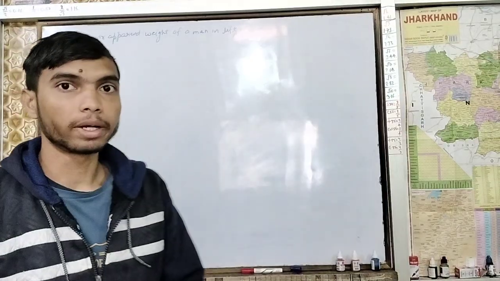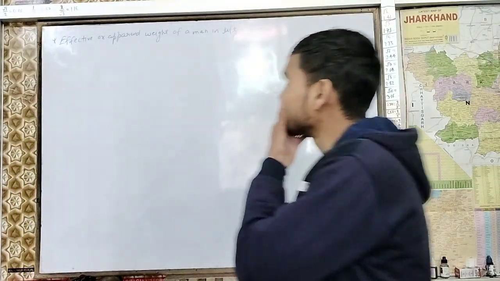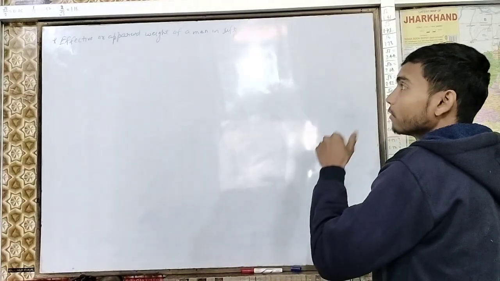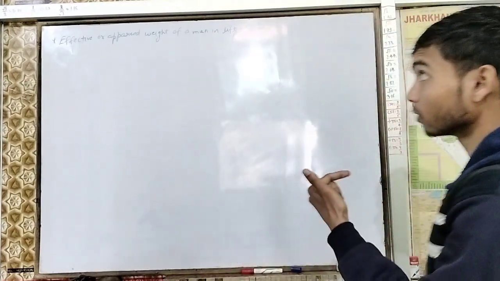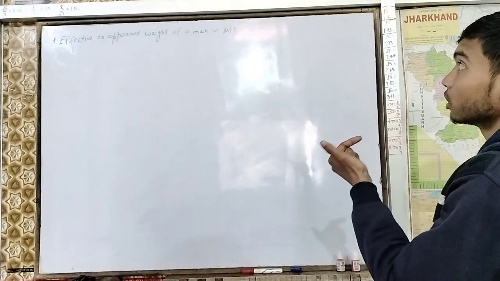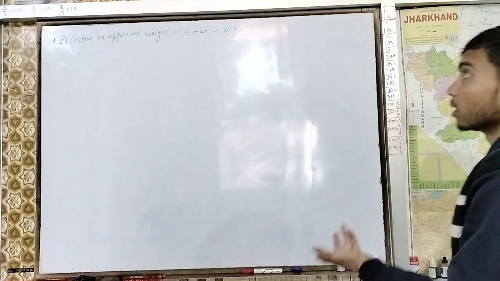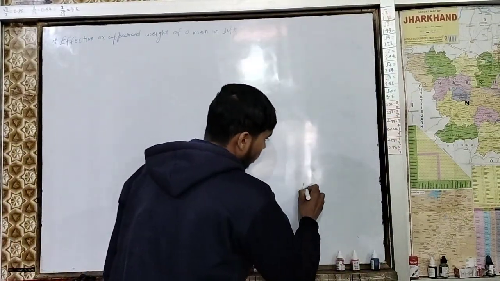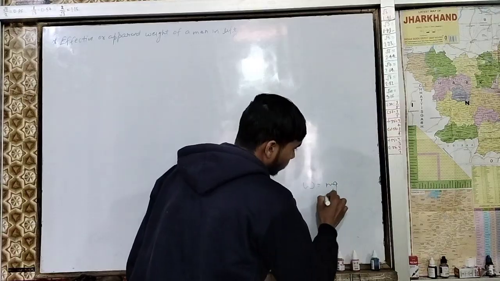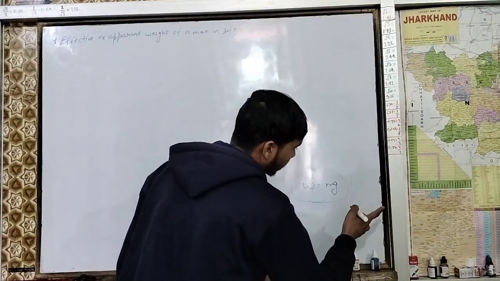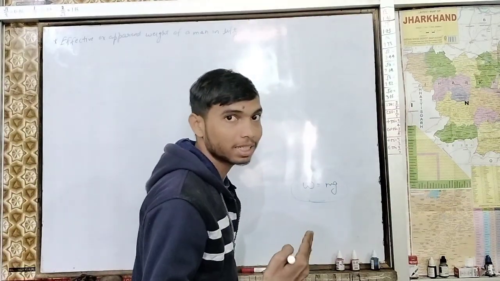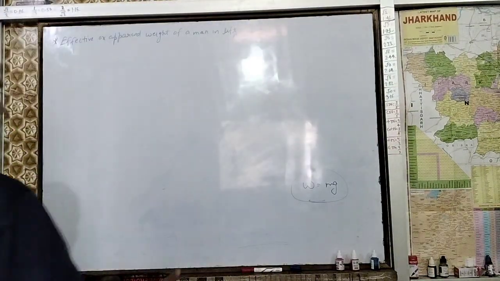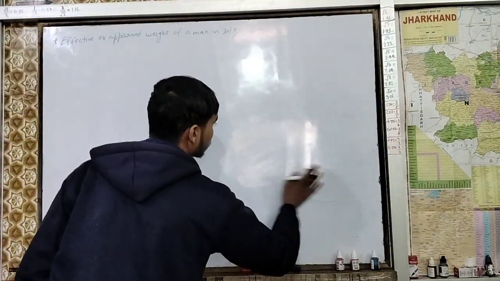When it comes to lift problem based questions, the effective weight of a man in a lift would be what? Effective weight, which means W is equal to mg, will be how much for a man who is inside a lift? Remember, weight is equal to mg.